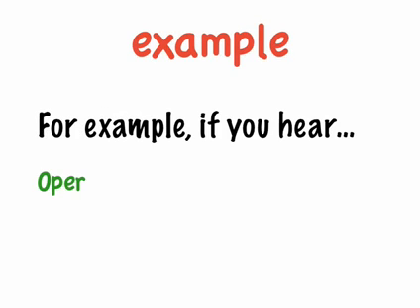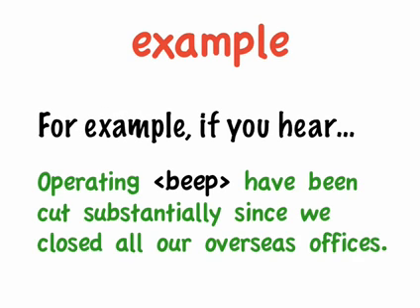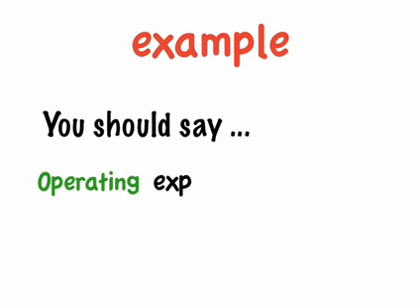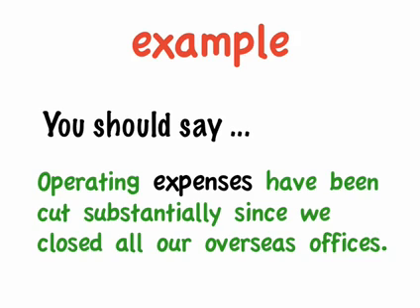For example, if you hear, "Operating beep have been cut substantially since we closed all our overseas offices," you should say, "Operating expenses have been cut substantially since we closed all our overseas offices." We'll play an example answer after each exercise. Are you ready? Let's begin.